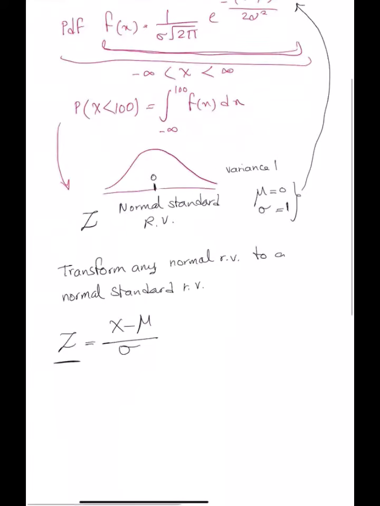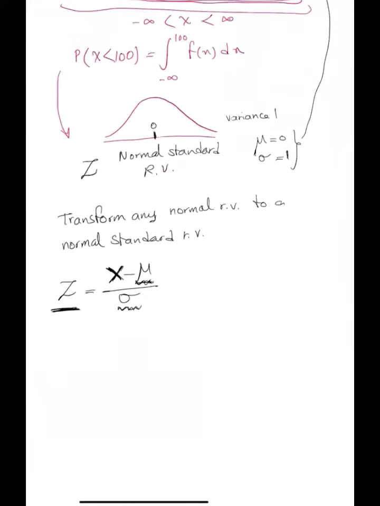So I can take any value for any variable that has normal distribution with a specific mu and a specific standard deviation, deduct the mu, divide by the standard deviation, and that gives me the value for the corresponding normal standard random variable.